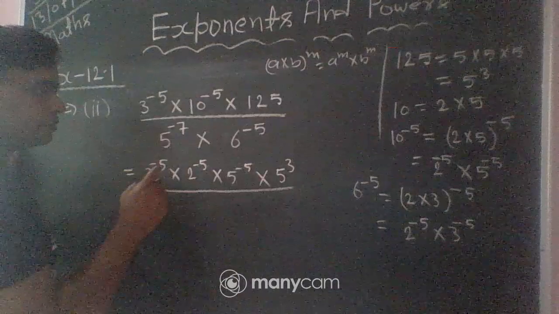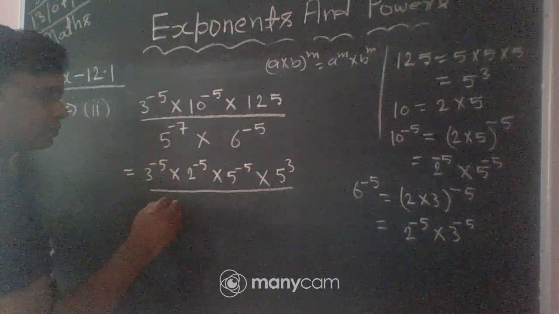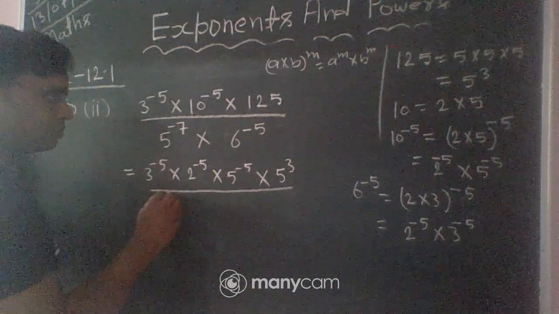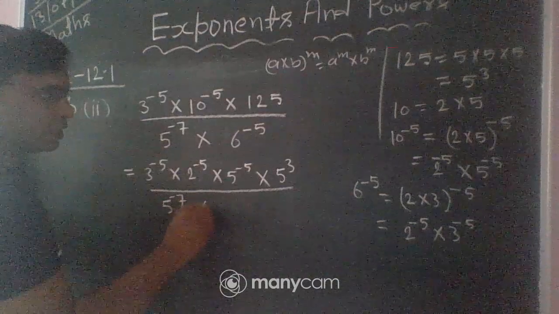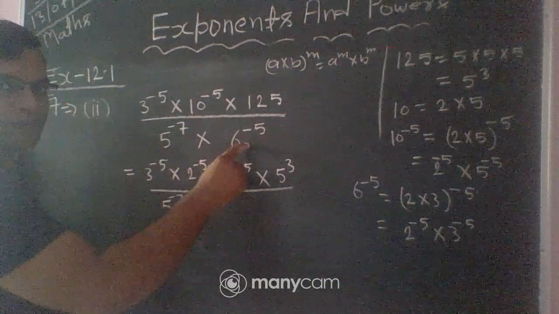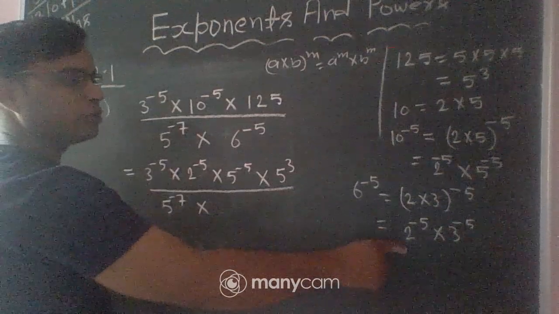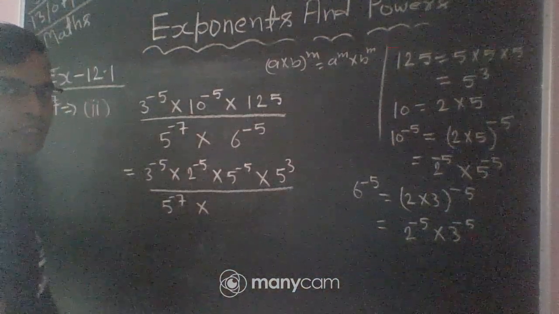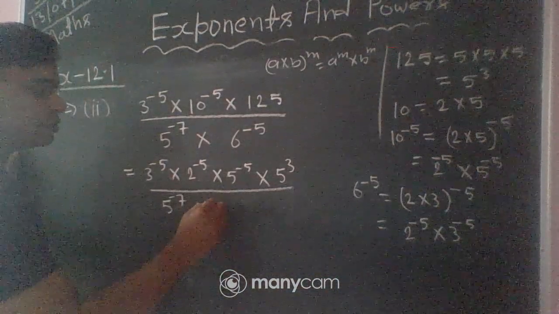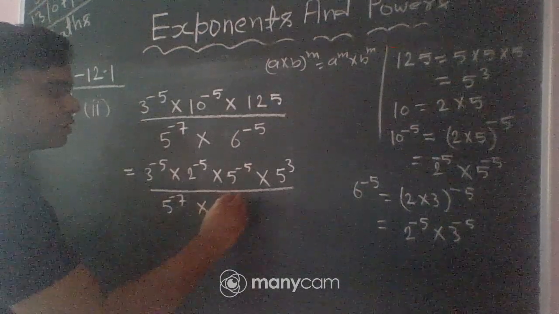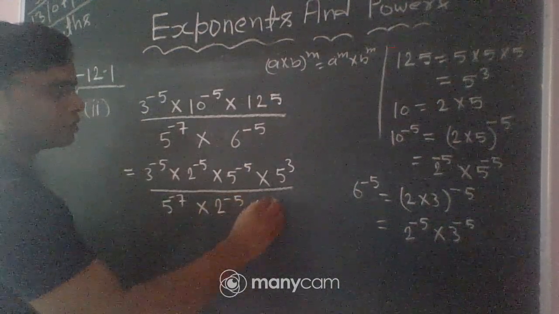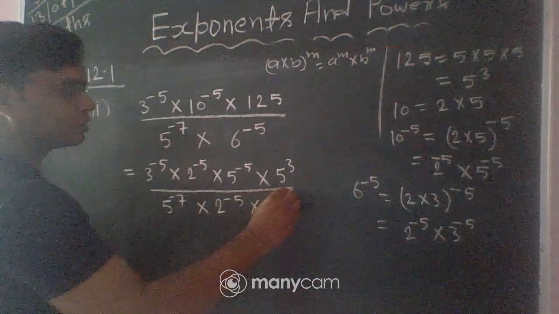This divided by 5 power minus 7, and 6 power minus 5. So you can write 6 power minus 5 is equal to 2 power minus 5 into 3 power minus 5.